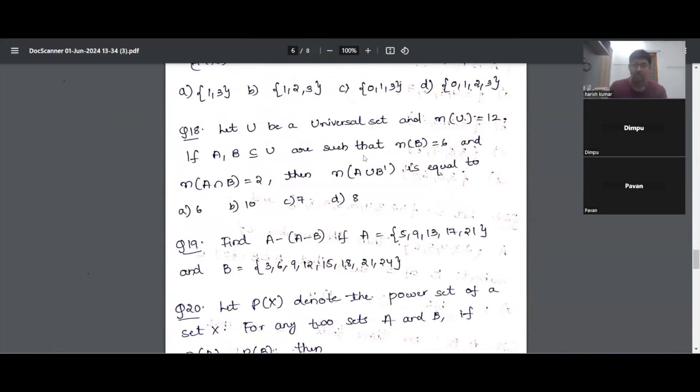So the best way to solve this sort of problem is with the help of Venn diagrams. So let's draw a Venn diagram. So this is set A, this is set B, right?